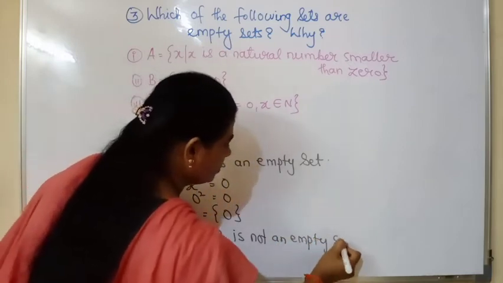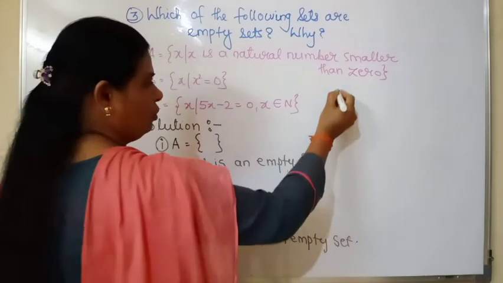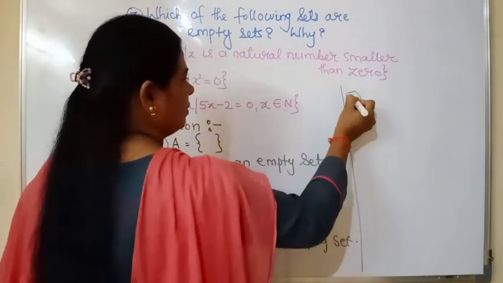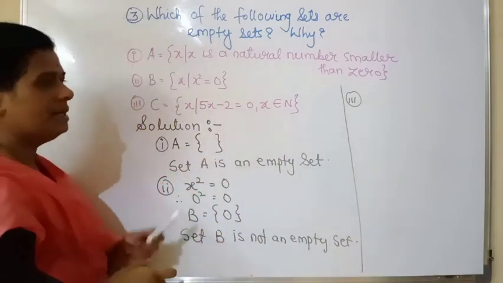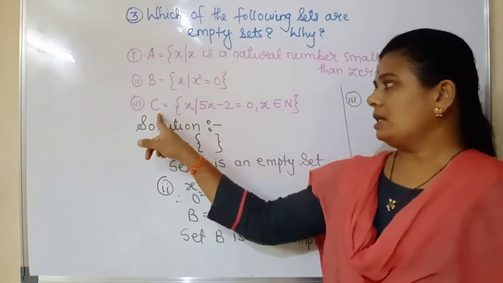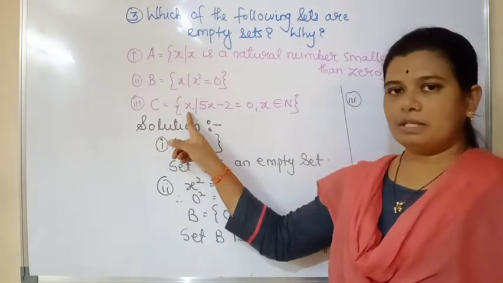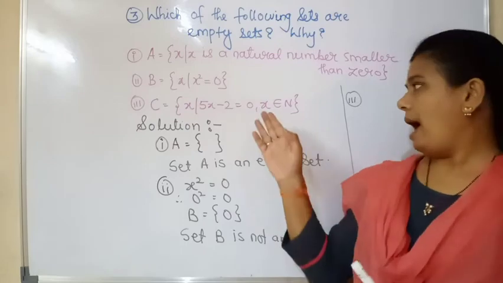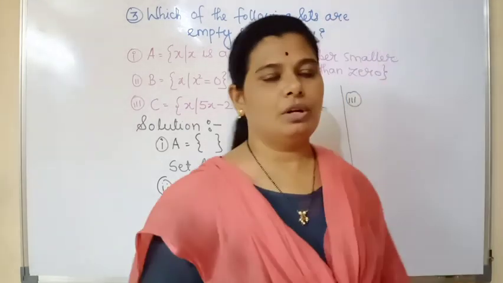Now we will move towards set C, that is the third one. What is given in set C? They have given us one equation, that is C is a set of x such that 5x minus 2 is equal to 0 and x belongs to natural numbers.